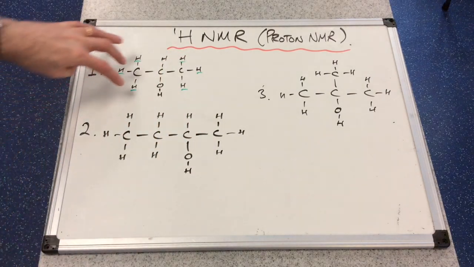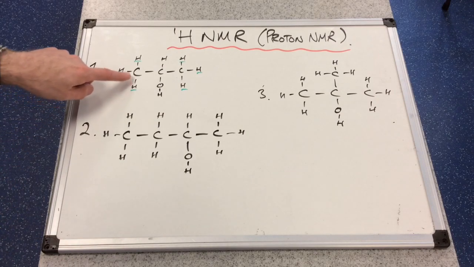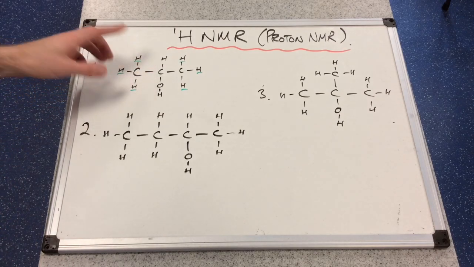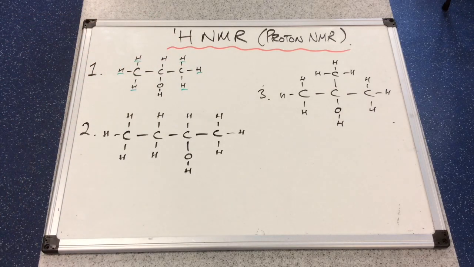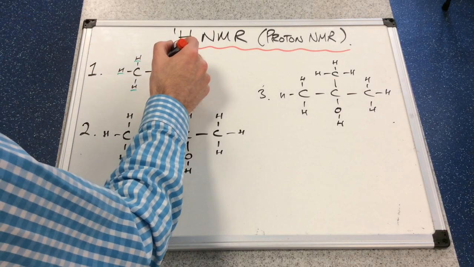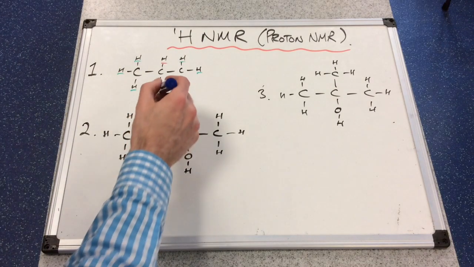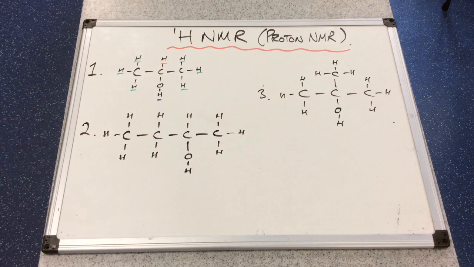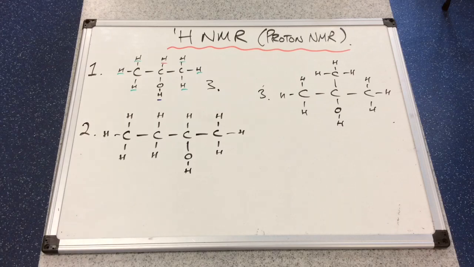So these CH3 groups at the ends of the molecule are actually equivalent to each other, because if you consider what they are bonded to, it's identical. We've got a unique environment here, and we've got obviously a unique environment there. So in propan-2-ol, we've got 3 environments.